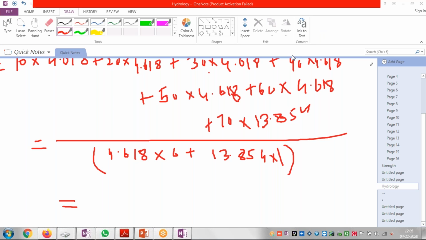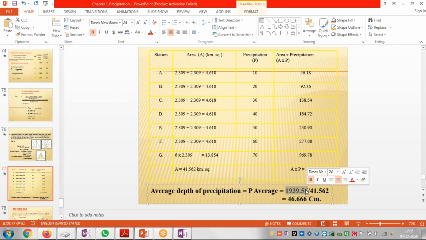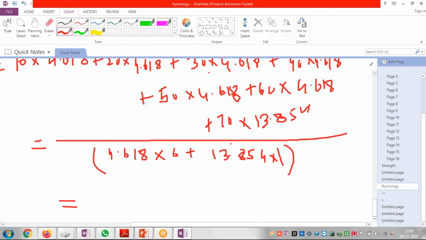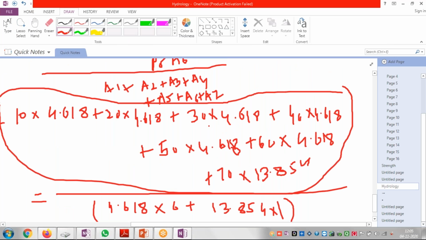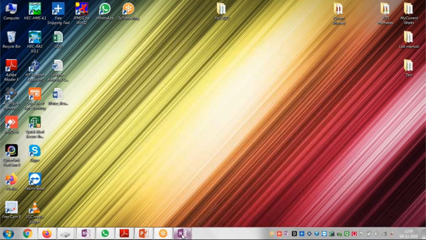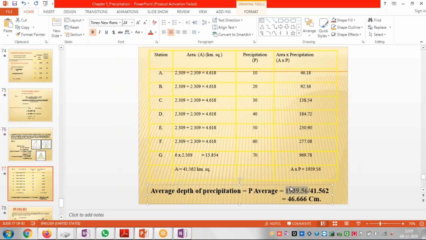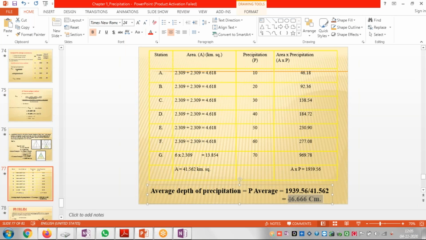Okay. Now the same calculation is given here. See here, the same calculation is given. When this P1 into A1 plus P2 into A2 plus P3 into A3 is completed, when this whole term is completed, we will get 19.3956, and it will be divided by the total area, that is A1 plus A2 plus A3 plus A4 plus A5 plus A6 plus A7, so that we will get the average rainfall.